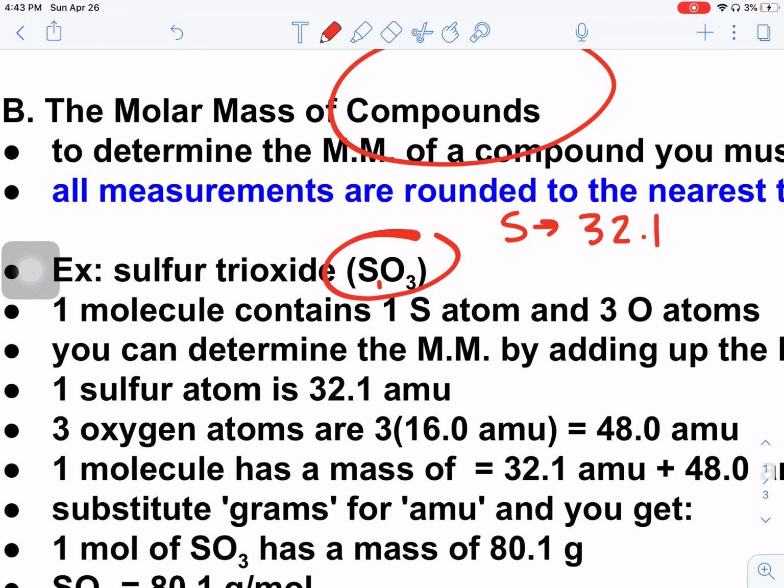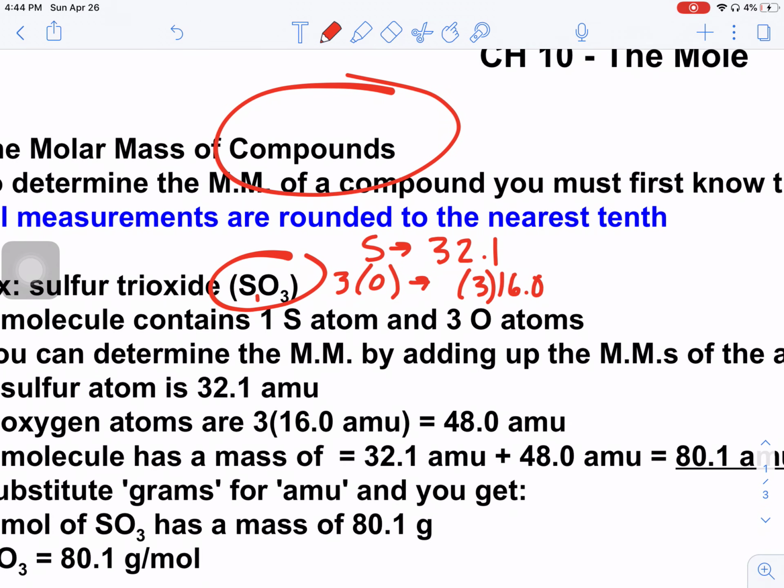There is one sulfur atom in this formula, but there are three oxygen atoms. Oxygen is 15.9994, so I'm just going to call that 16.0, but there are three of them. So three oxygen atoms times 16 grams per mole per oxygen is going to be 48 grams per mole.